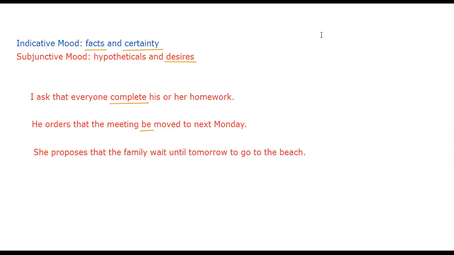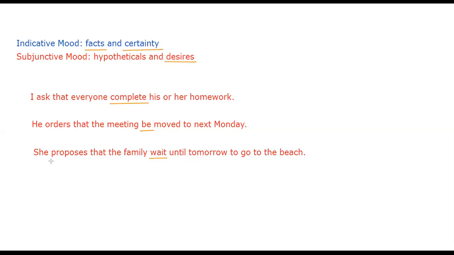Okay, and here we have another subjunctive. Instead of the family waits, or I guess actually the family could be either plural or singular, but since they're acting as a single unit, it would be singular. So we use wait instead of waits. So, she proposes that the family wait until tomorrow to go to the beach.